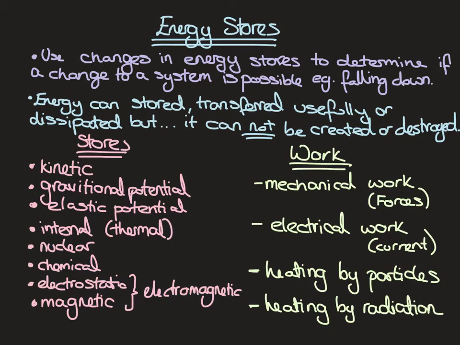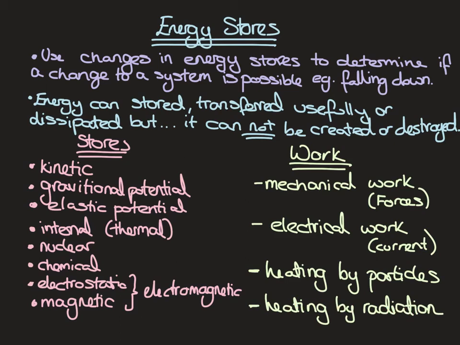The other way that we can go about transferring energy from one store to another is by heating. We could have heating by particles, which would be conduction and convection. The energy is being transferred from one thermal store to another thermal store. Or we could transfer energy via heating by radiation.